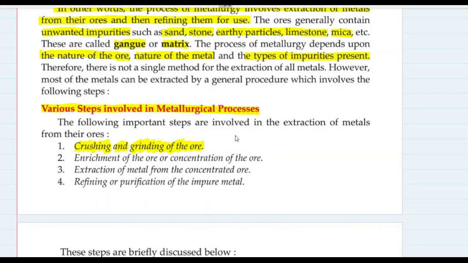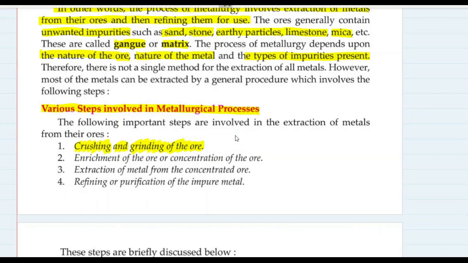So such an ore, of the size of a boulder, cannot be directly converted into metal. First, it has to be broken down into small pieces. Without breaking down, how can you convert it into metal? So that process of crushing and grinding is the first process.